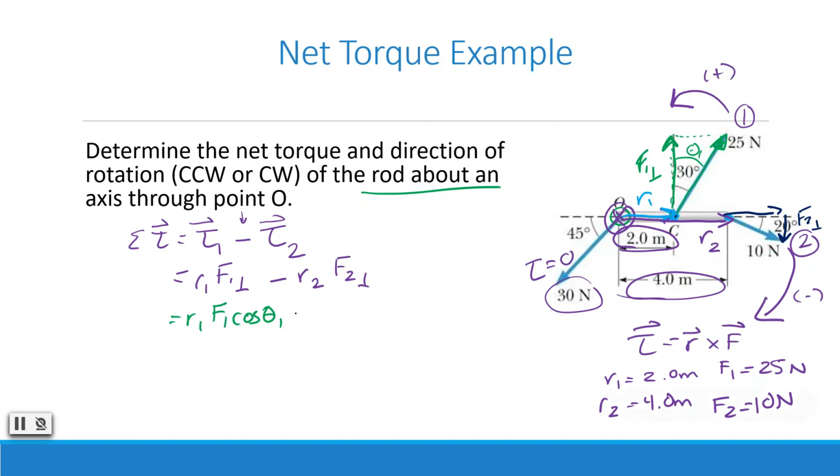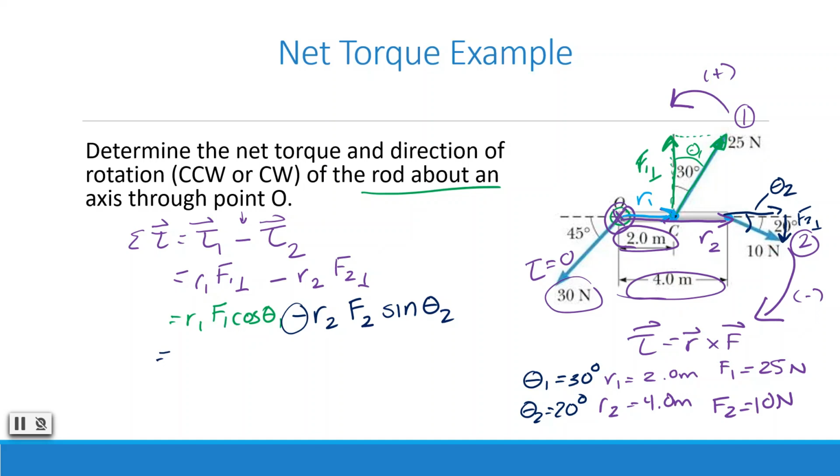I'm going to subtract R2 F2, but that one is based on sine of theta 2, and that's theta 2 right there. Theta 2 is 20 degrees and theta 1 is 30 degrees. I've already taken care of the negative sign because F2 is in the opposite direction of the torque for F1.